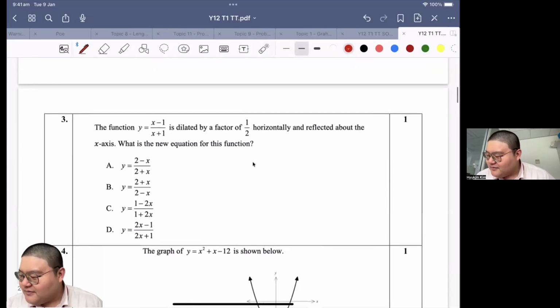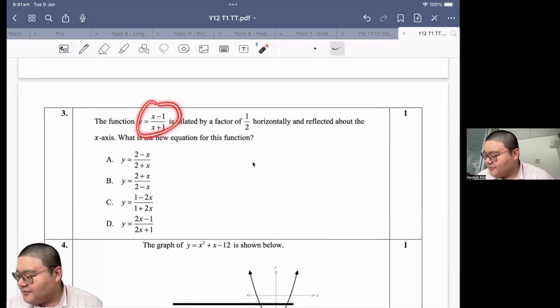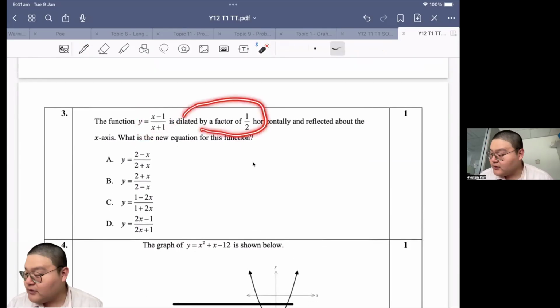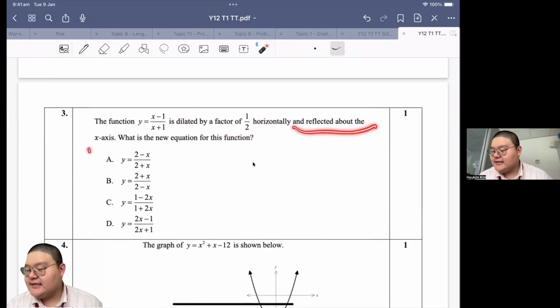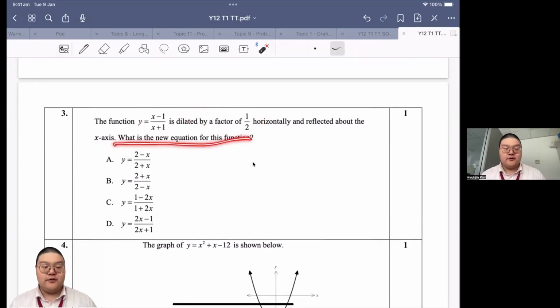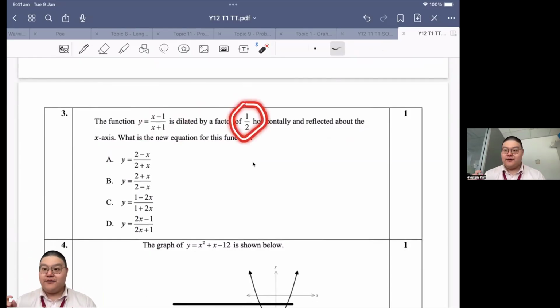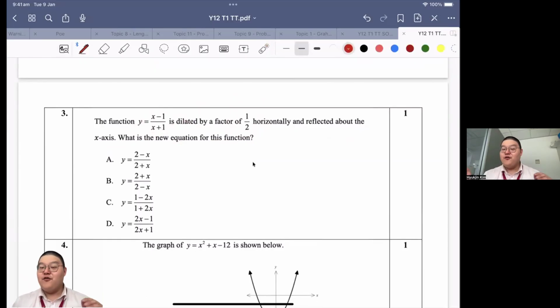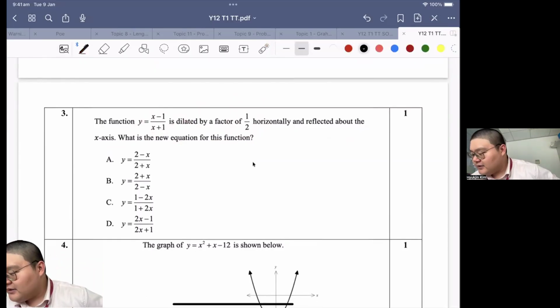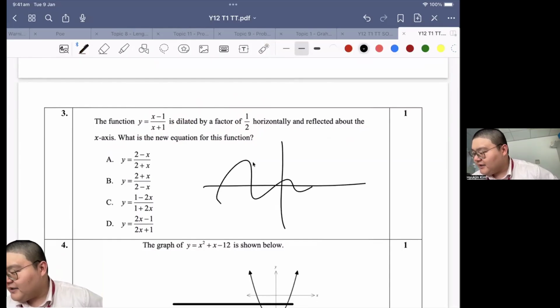The function is dilated by a factor of half horizontally and reflected about the x-axis. What is the new equation of this function? This is a tricky one, unfortunately. If it's a factor of half horizontally, this means everything is halved, everything squeezed in. So whatever this function would have looked like, it gets squeezed in by a factor of half.